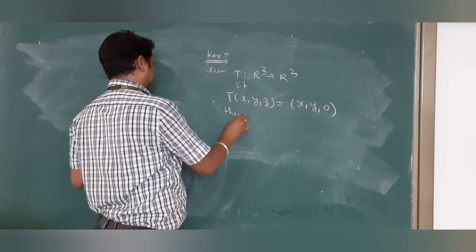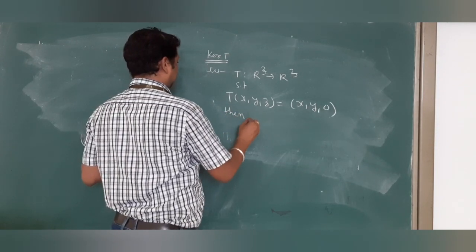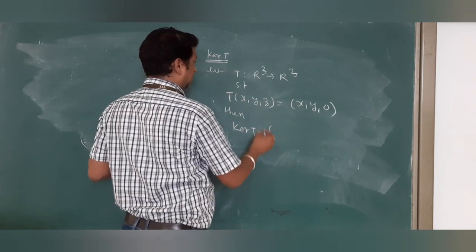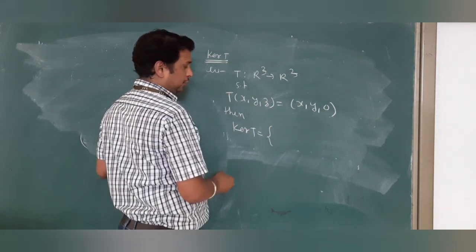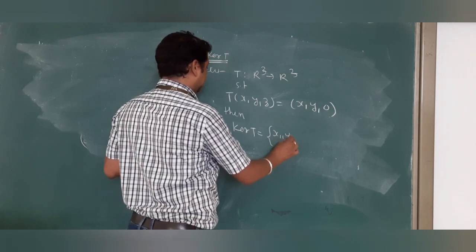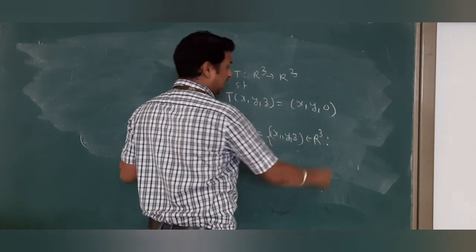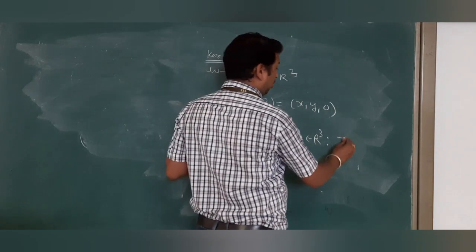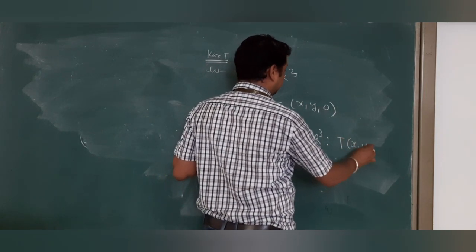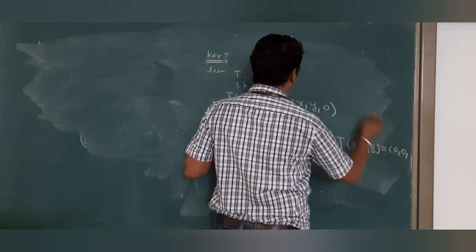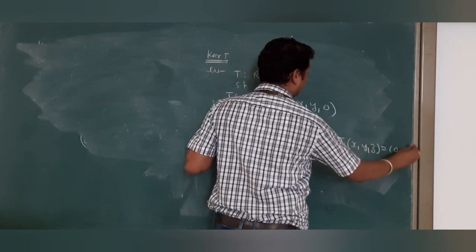Then kernel T: how do we calculate kernel T? Those elements xyz belonging to R cube such that T of xyz is equal to 0 of V2. In R cube, 0 is 0, 0, 0.